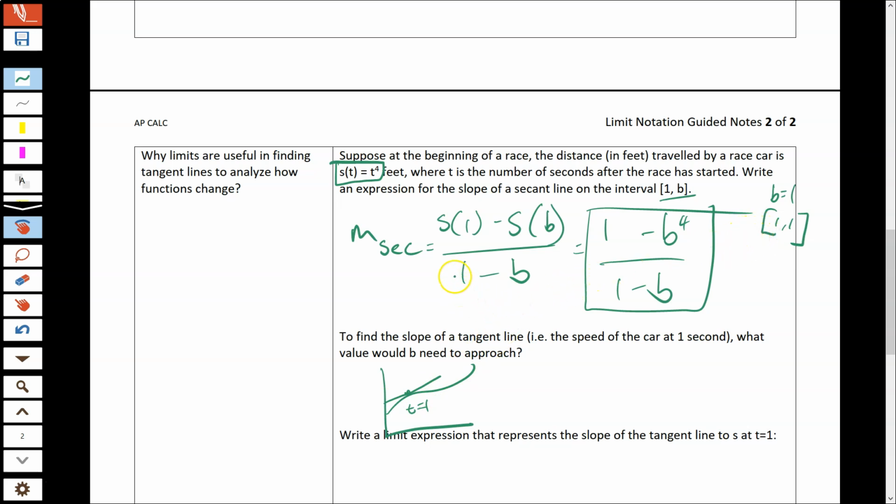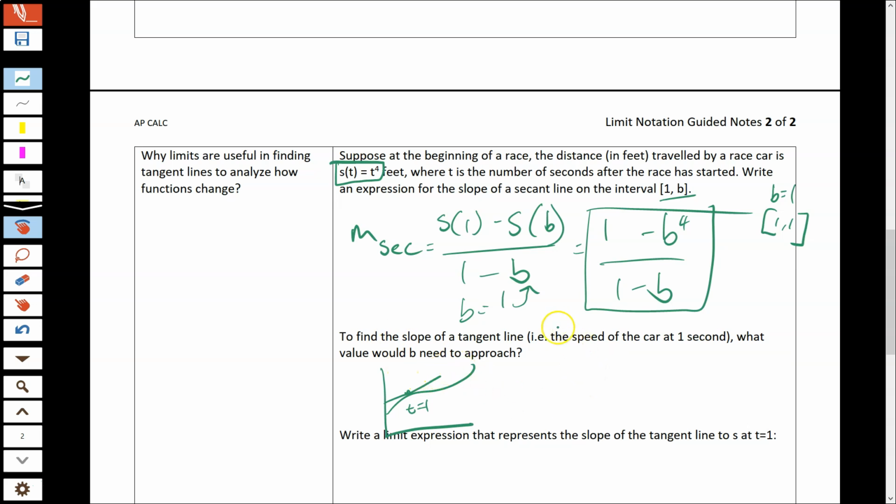Notice the problem we run into here. If I try to plug in b equals 1 into my expression here, or if you just try to do 1 to the fourth minus 1 to the fourth over 1 minus 1, we get a denominator equal to 0. Okay, so if I try to use my secant line formula, my slope formula, to find the slope of a tangent line, I always get a denominator equal to 0.